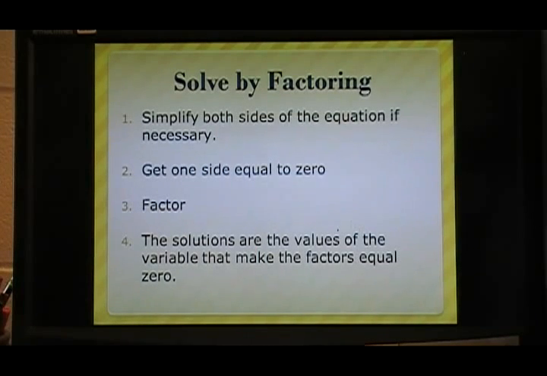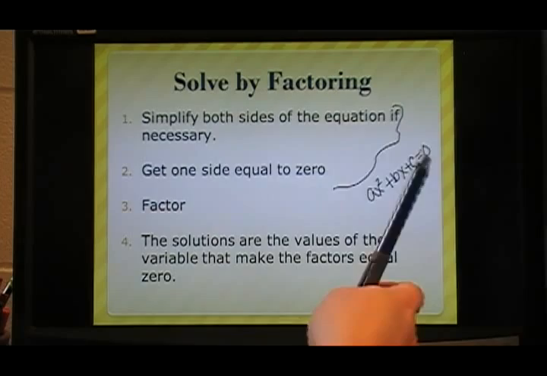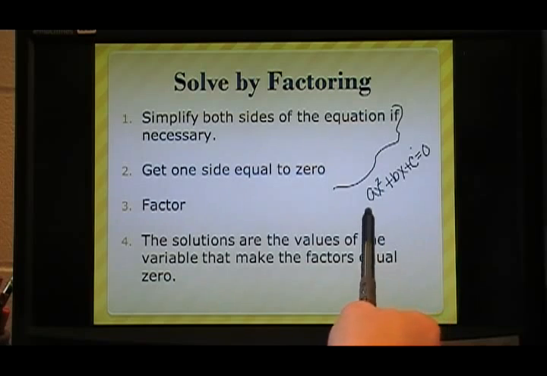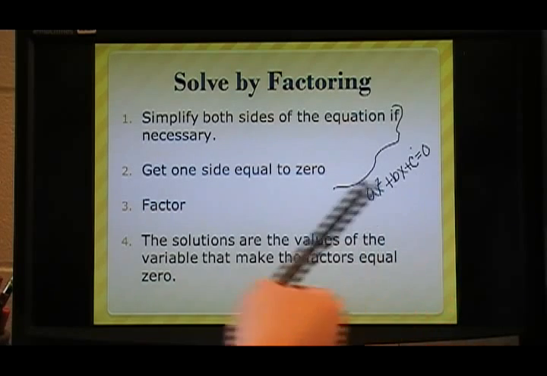These first two steps basically are to get your quadratic equation into the form of ax squared plus bx plus c equals 0, where a, b, and c represent real numbers.